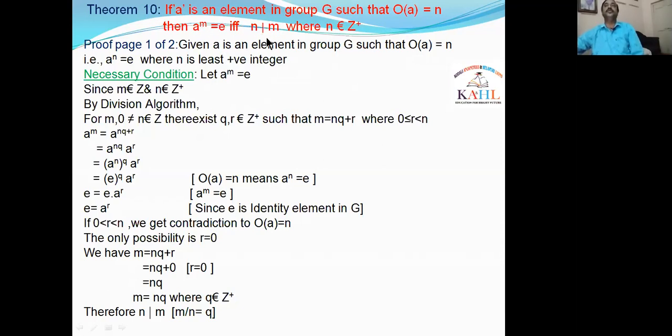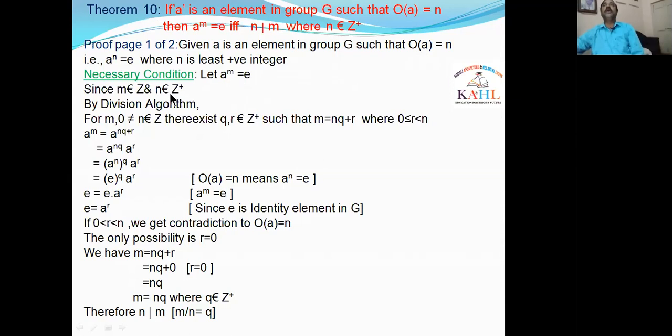So I am writing that first: given A is an element in group G such that order of A is equal to n. By the definition of order, a^n is equal to E, and n is the least positive integer.